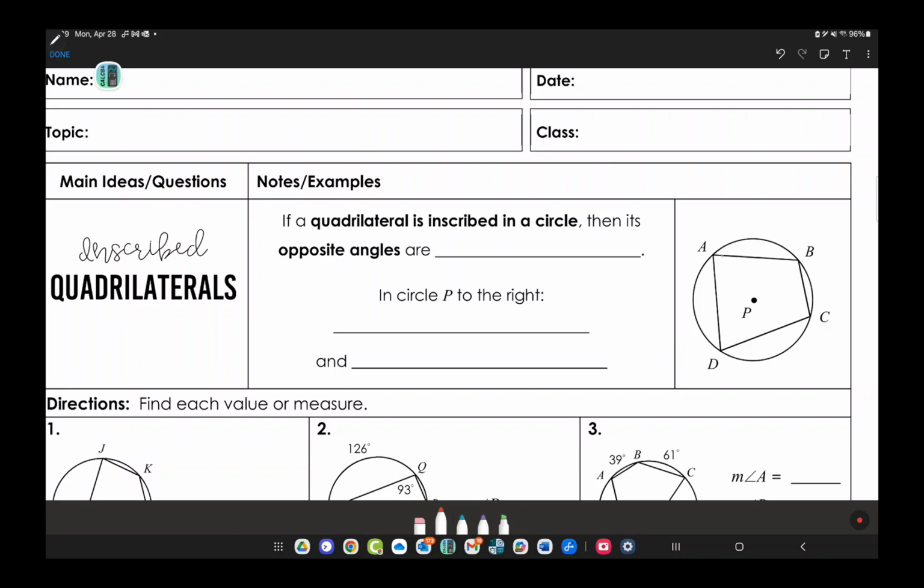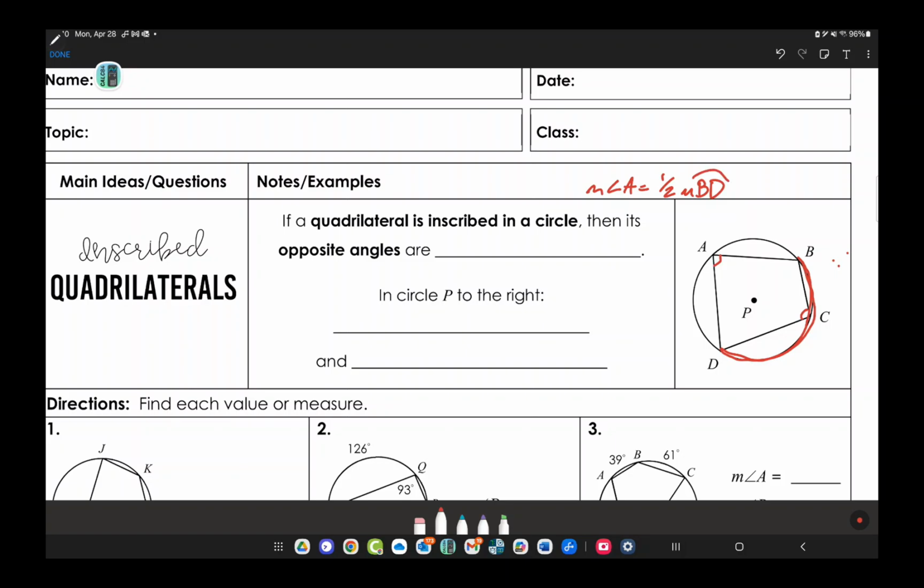So let's look at angle A here and angle C. What arc does angle A intercept? That doesn't look like it's over 180, so we'll say it's arc BD. So the measure of angle A is equal to 1/2 of the measure of arc BD.